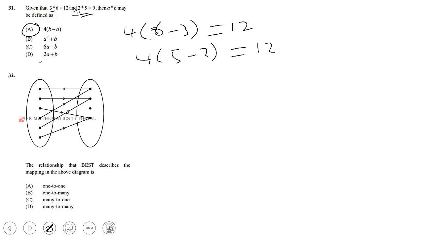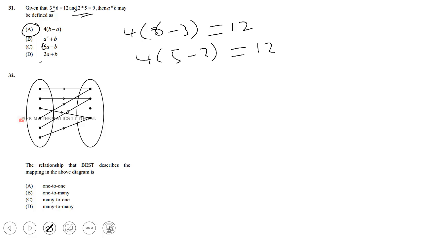And if you test for this, 6 times a is 12, then minus 5. 12 minus 5 is not 9. If you check for this one too, 2 squared is 4 plus 5, 9. But when you check for this, 3 squared is 9 plus 6 is not 12.